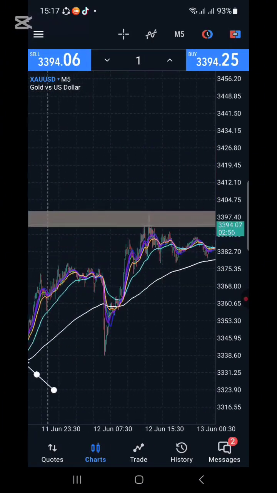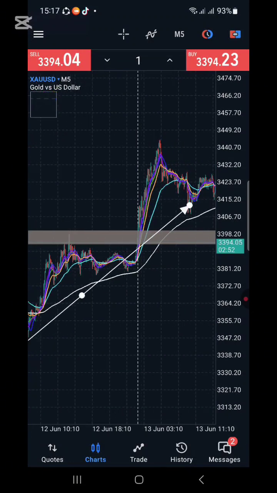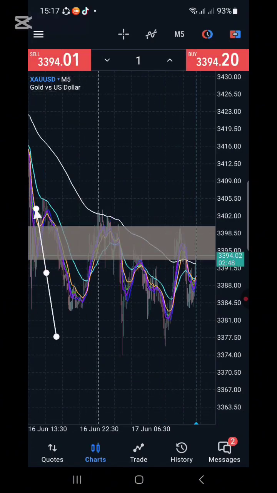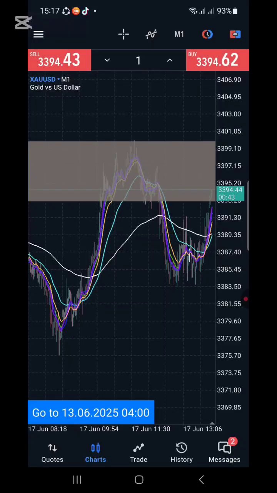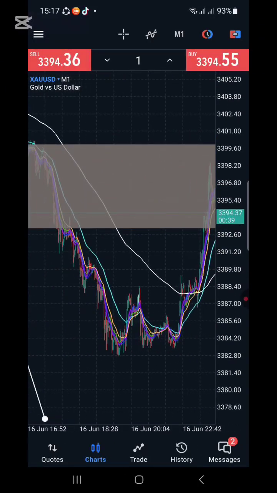It was quite a huge uptrend. Look, we're still moving, still moving. What a huge uptrend. Okay, so this works the most, especially when you do your top to down analysis.